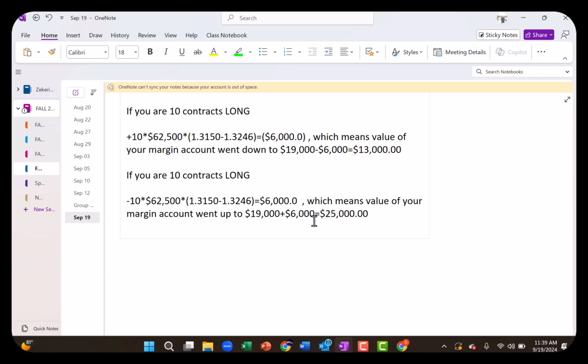So you can withdraw the excess above the initial margin requirements of 19,000. So if you have too little, exchange is going to give you a call and say, make it back to 19. But they don't do that immediately.